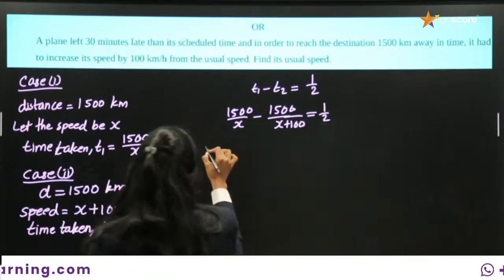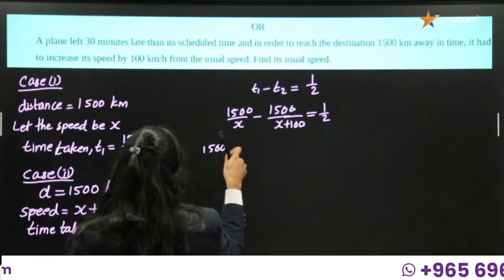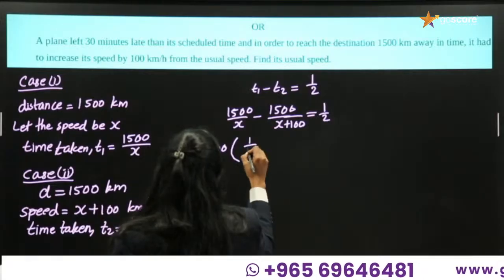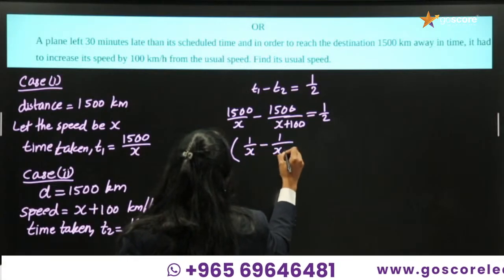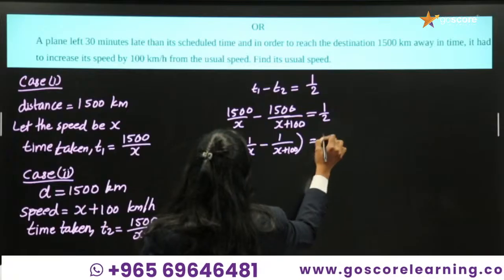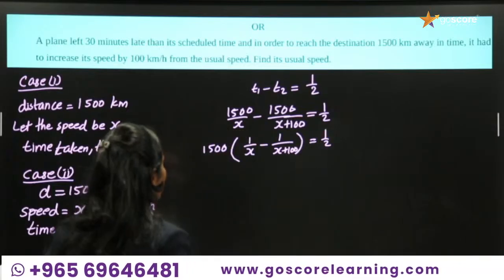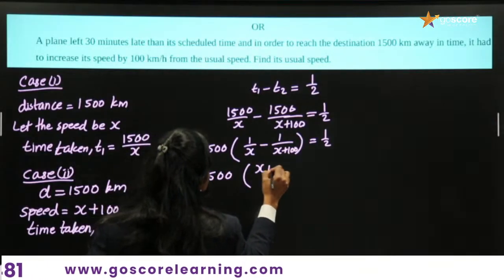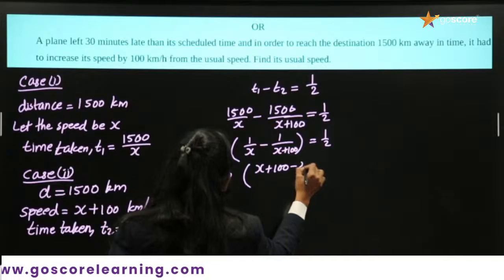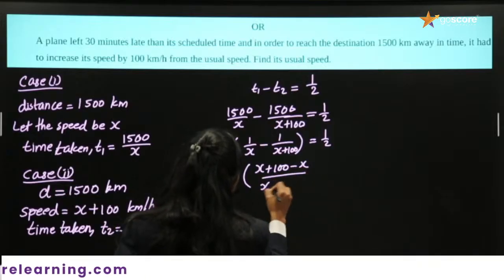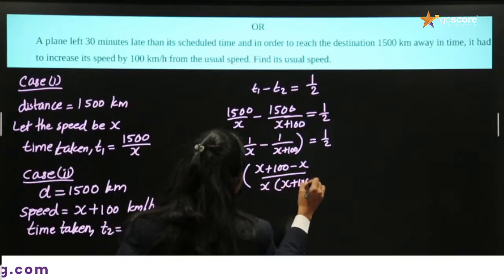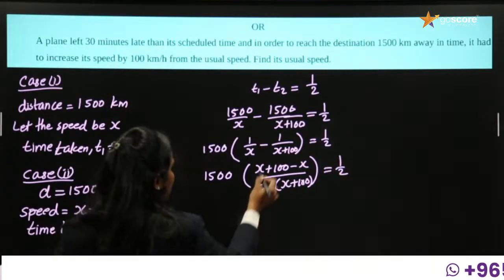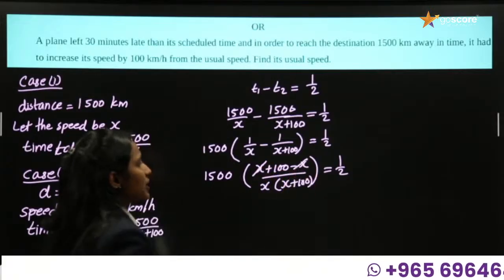Now I am going to take this 1500 outside because it is common in both the fractions. 1500 into 1 by x minus 1 by x plus 100 is equal to 1 by 2. Now cross multiplying, 1500 into x plus 100 minus x divided by x into x plus 100 equal to 1 by 2. So here positive x, negative x, we can cancel them.